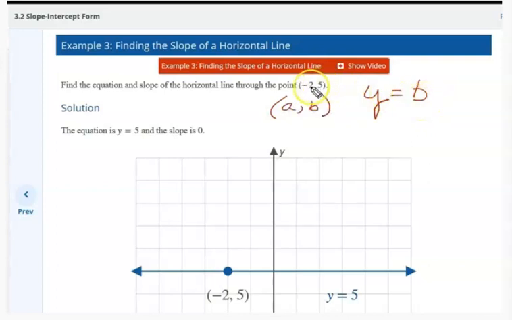We look at the ordered pair, and in the b position is a 5. This equation will be y equals 5. And of course, this is what they have. And we know the slope of all horizontal lines from our toolkit now is 0.